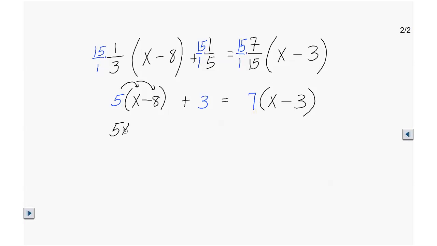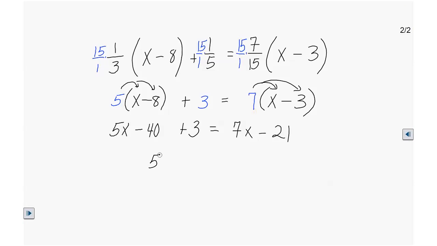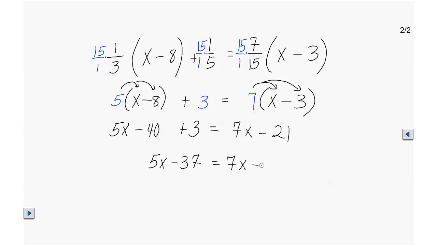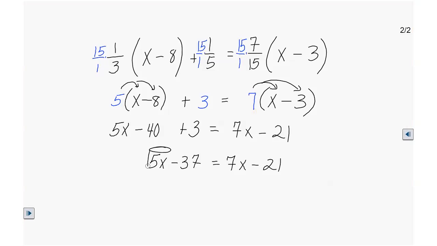5x minus what? Plus 3 is equal to what? 7x minus, now what's negative 40 plus 3? Which one's the smallest bucket? 5x, take it across the river.